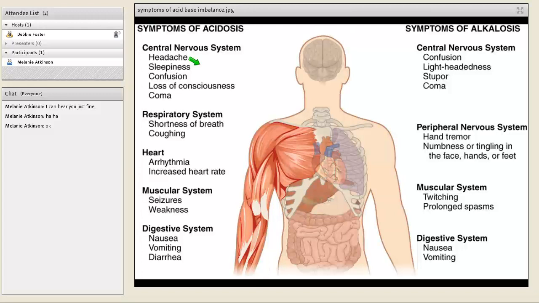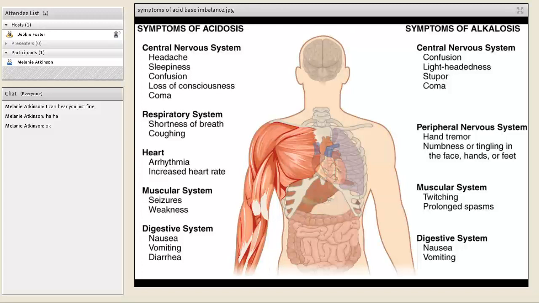On the left-hand side, we have symptoms of acidosis. If your pH starts to drop, you have excess hydrogen ions, or another way we often think of it, excess CO2, which can convert to free hydrogen ions.